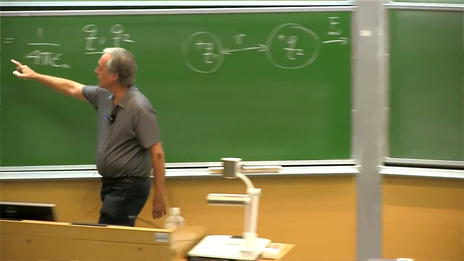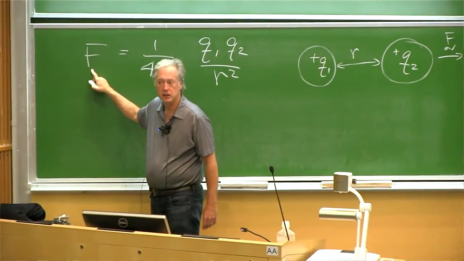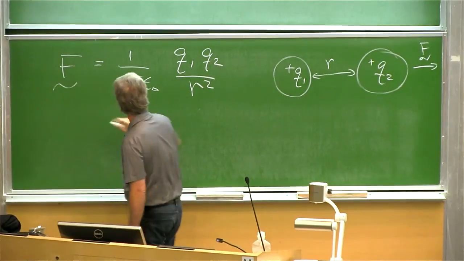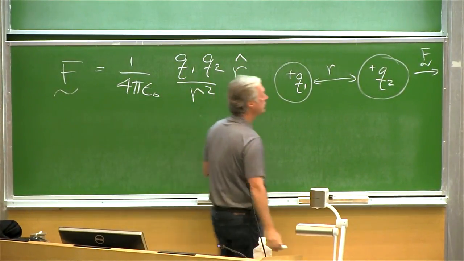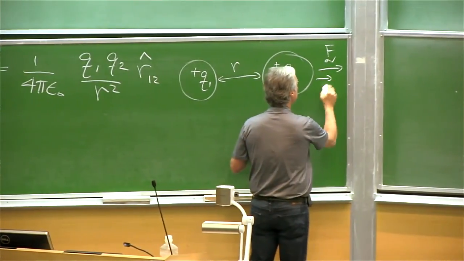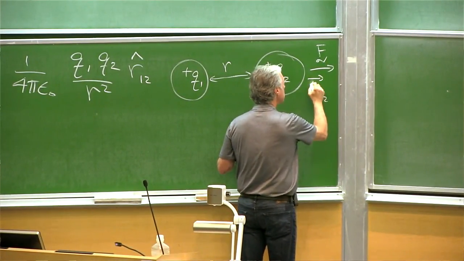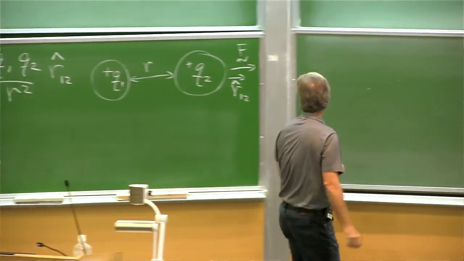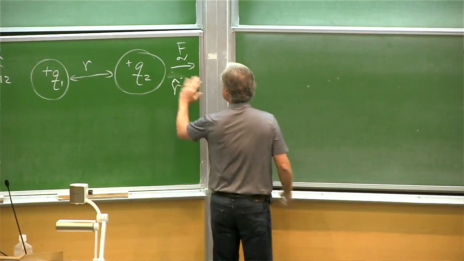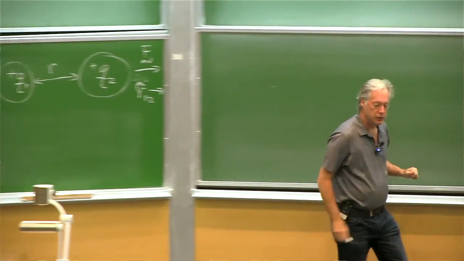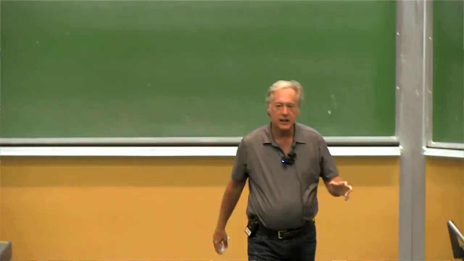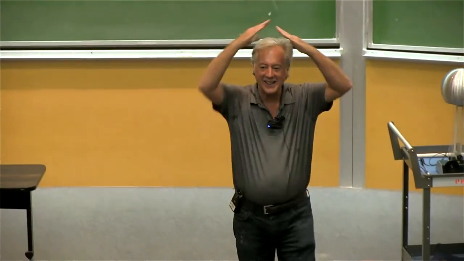So I've written so far a scalar, haven't I? Let's make it into a vector now and put a vector symbol here. R12 is pointing that way. So what I've done now, see that little R12 with the hat?